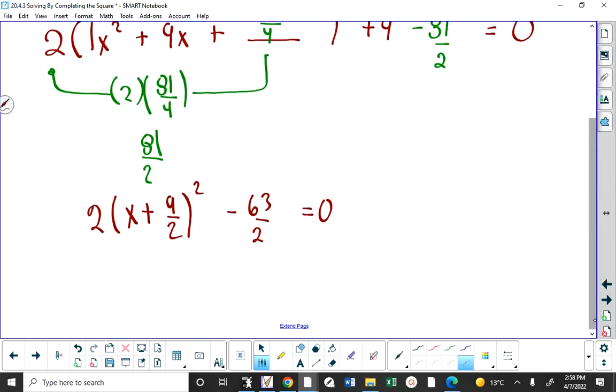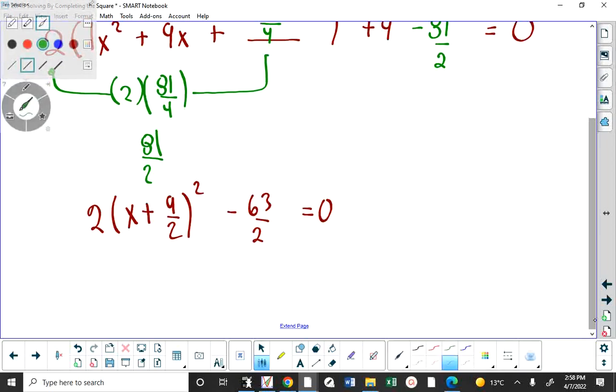Now we still have a bit of work to do here, because this time, everybody, I got to get rid of this somewhere along the road, don't I?